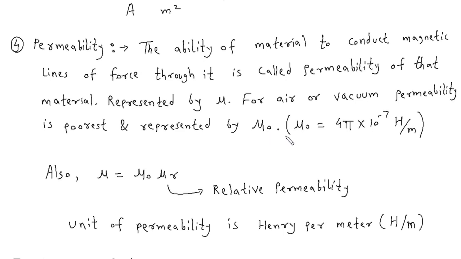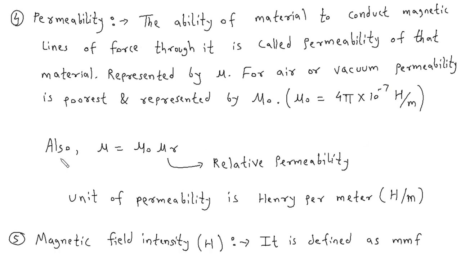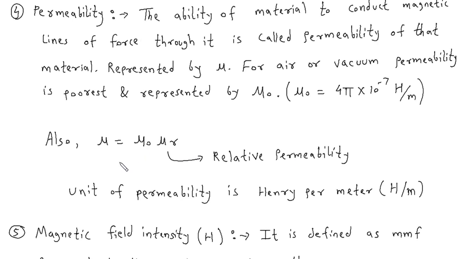And the value of mu 0 is 4 pi into 10 raised to the power minus 7 Henry per meter. Also, mu is equal to mu 0 into mu r, where mu r is the relative permeability, or we can say that relative permeability is the ratio of mu upon mu 0. The unit of permeability is Henry per meter, represented by capital H upon M.